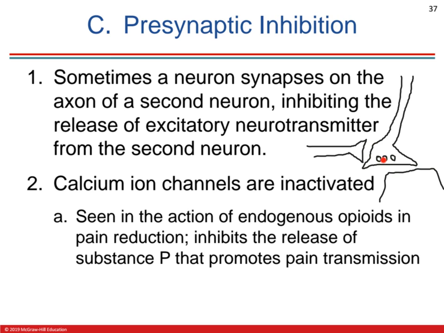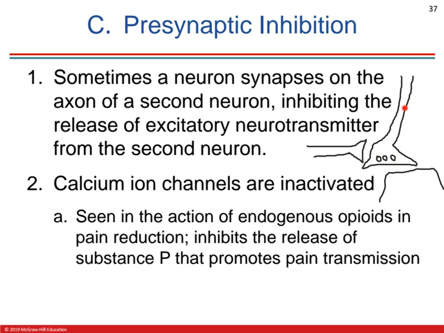Now this neuron here is going to release neurotransmitter, which will diffuse across the synaptic cleft and activate the postsynaptic neuron. Now, there are a couple of possibilities. One is that this other neuron will release neurotransmitters such as GABA or glycine that could then inhibit or hyperpolarize this synaptic bouton or axon terminal.